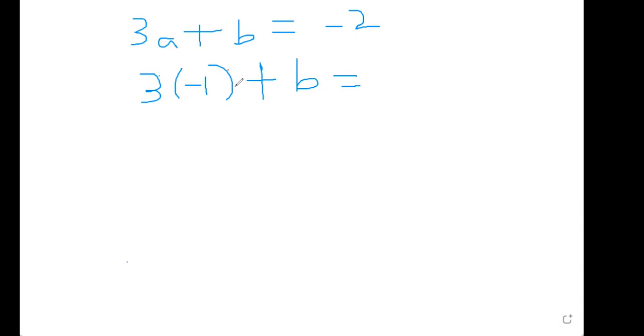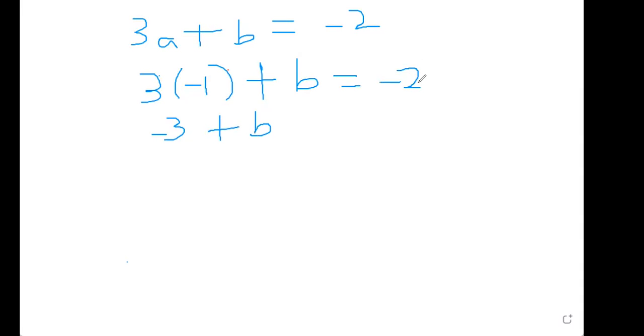So equation 1 is what we're using because we found A. And 3 times minus 1, put that in your calculator, please. I need you to write it down. Which one should I put in my calculator? That one there. 3 times minus 1.